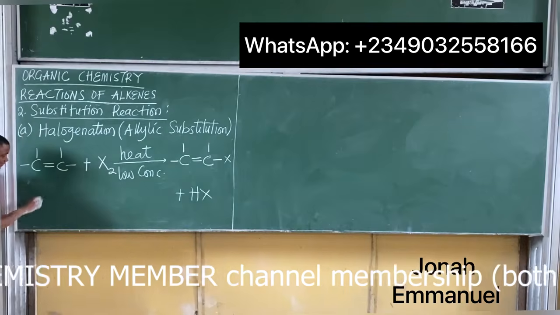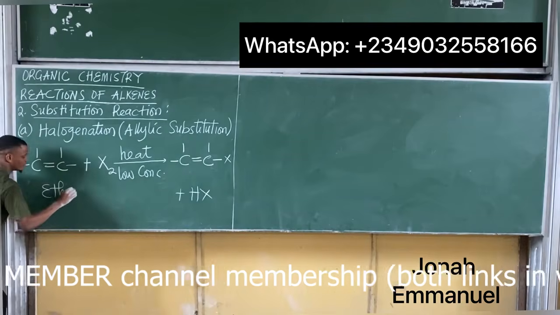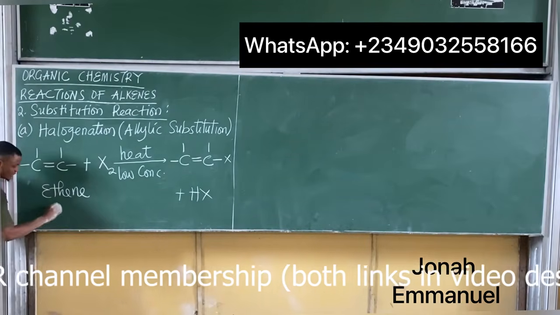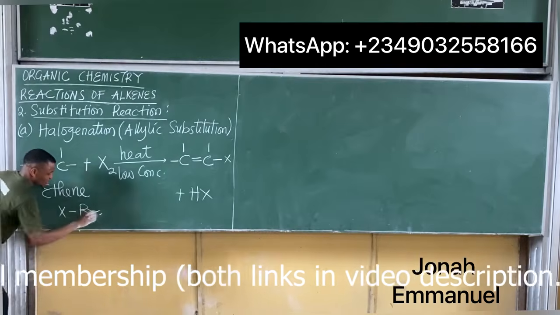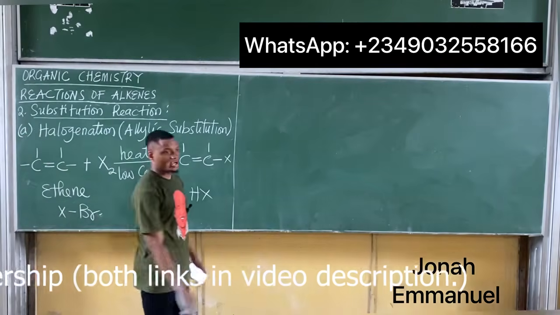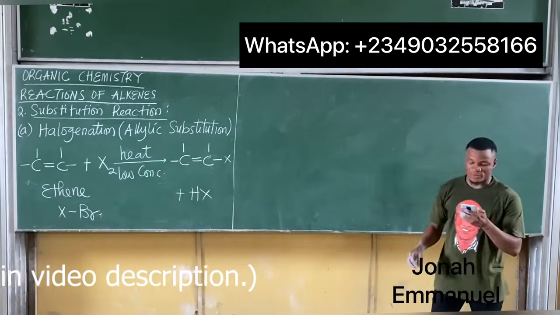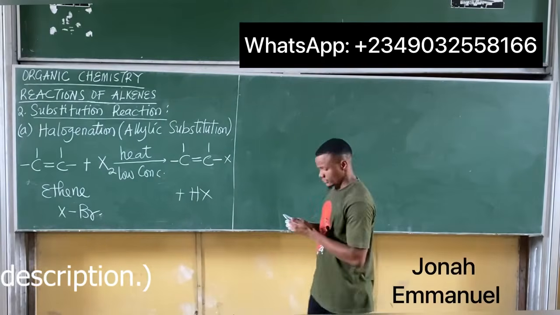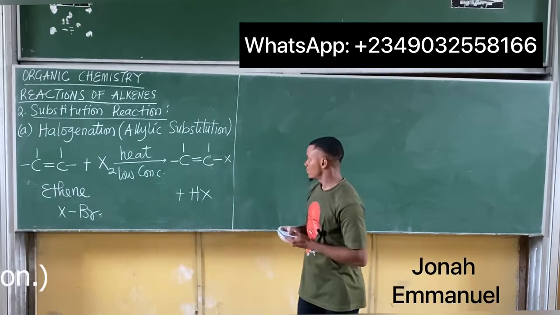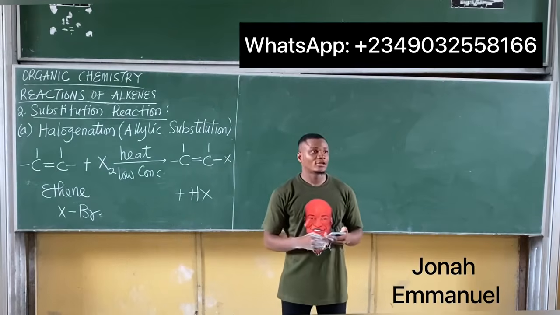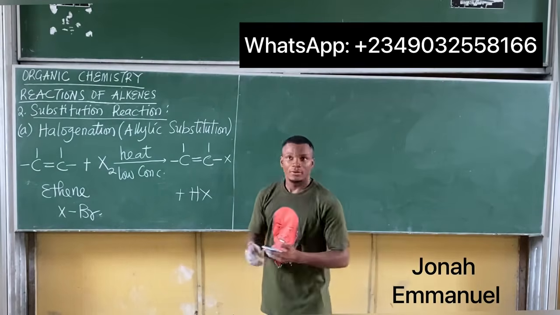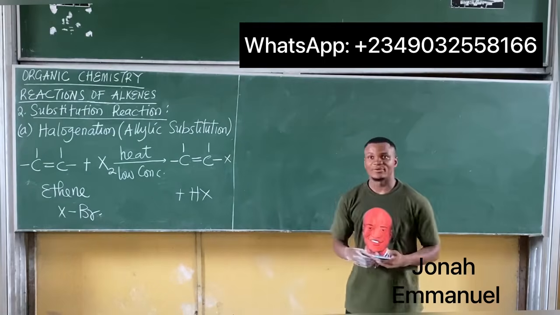Take C4H8. Take X as bromine. Get out a complete equation, please. That should be simple now, right?